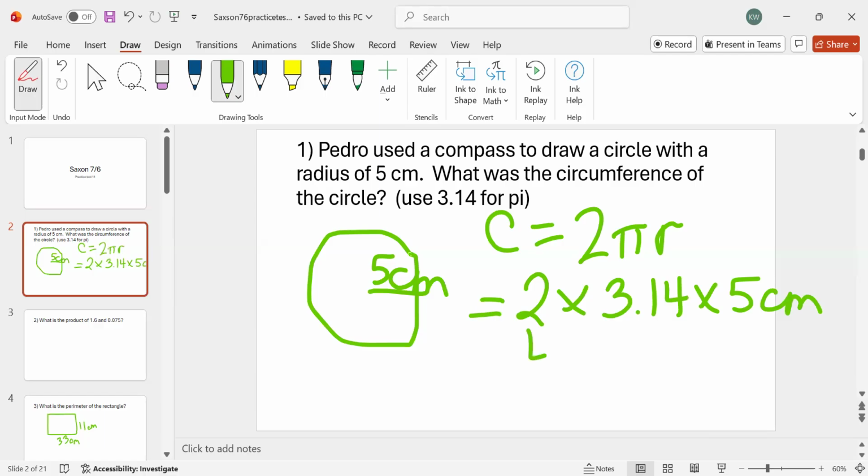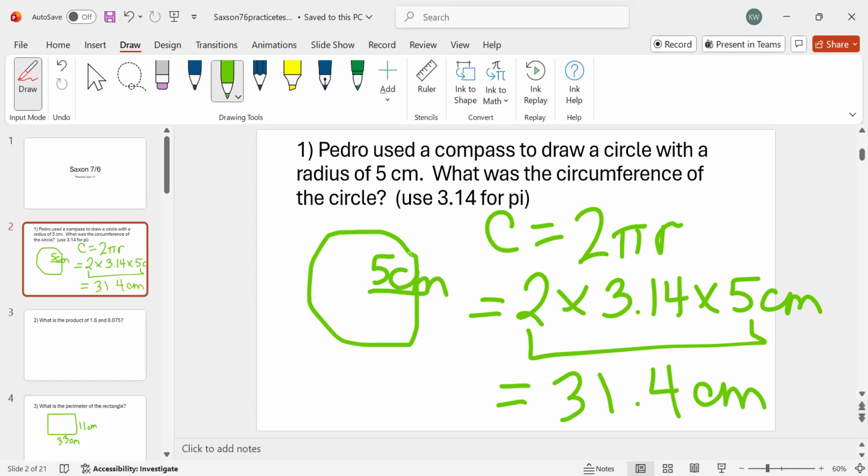Well, 2 times 5 is 10. So if we multiply 10 times 3.14, that's just moving the decimal place one place to the right. So it'd be 31.4 centimeters for the circumference.